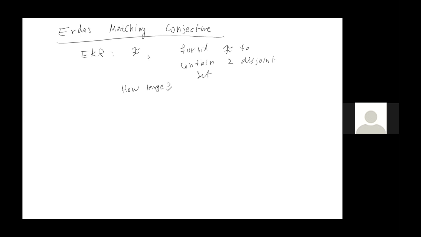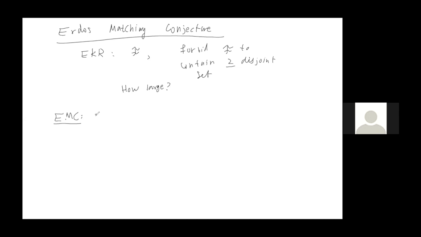You can consider many variants of this problem when you have more than two sets, when you have a different domain. There are many variants. And the variant that we care about here is the following. This is the Erdős matching conjecture, or the Erdős matching problem.